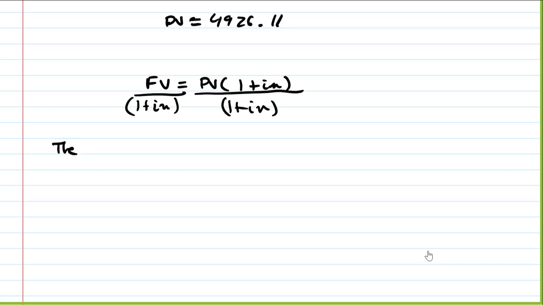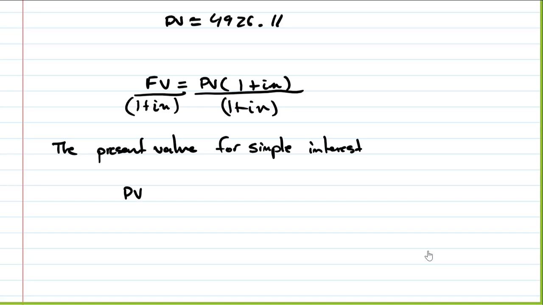So the present value for simple interest is: present value PV is equal to the future value divided by 1 plus I n.